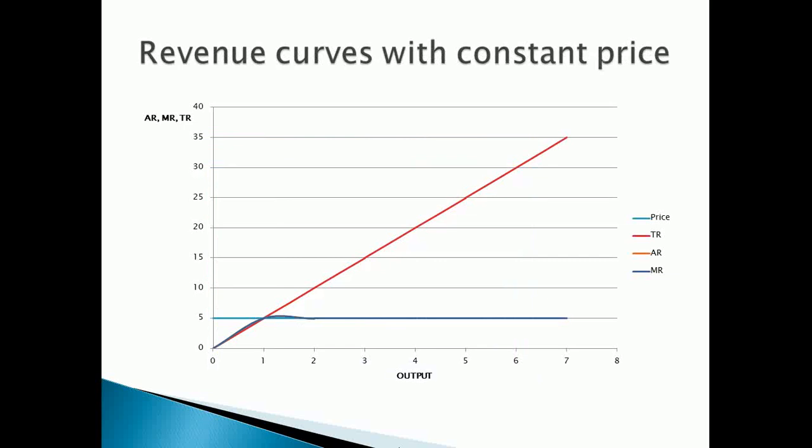It is also the point when the additional revenue of producing one more unit is equal to the additional cost of producing one more unit, and the additional cost is increasing. In other words, profit is maximized when MR is equal to MC, and MC is increasing. So this is important. We are also going to show the implication of this using a graph.